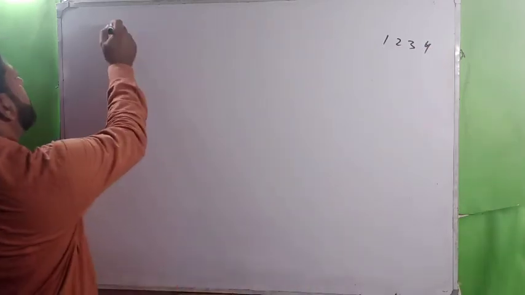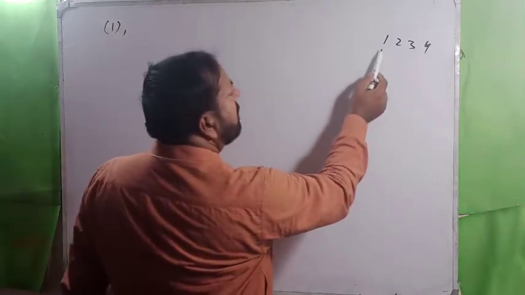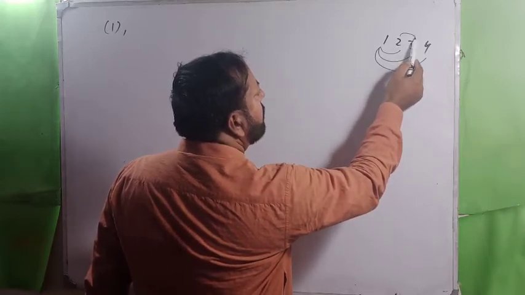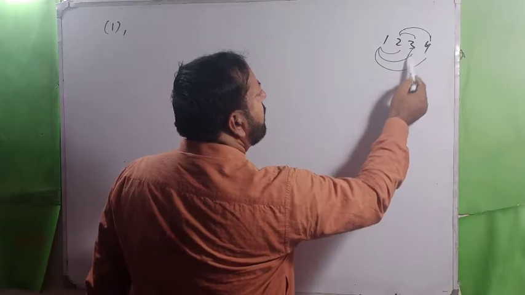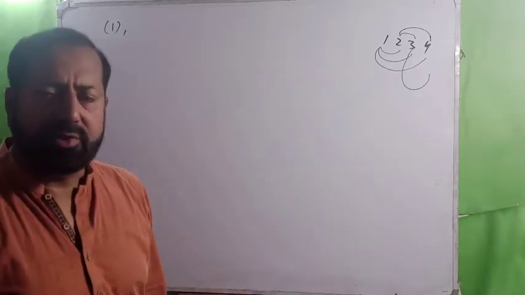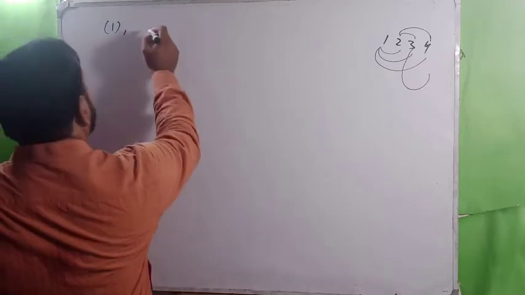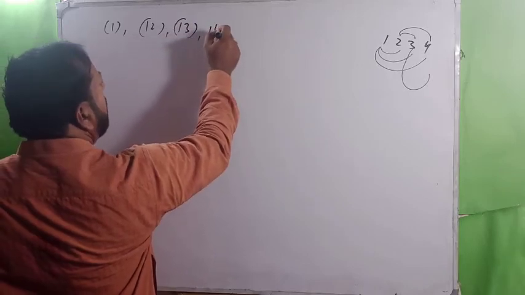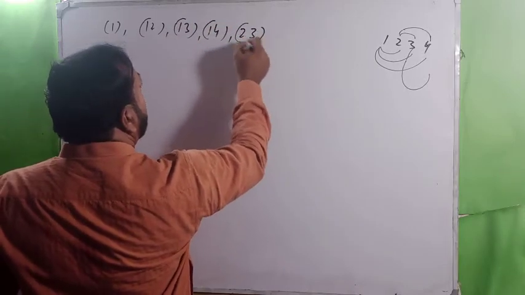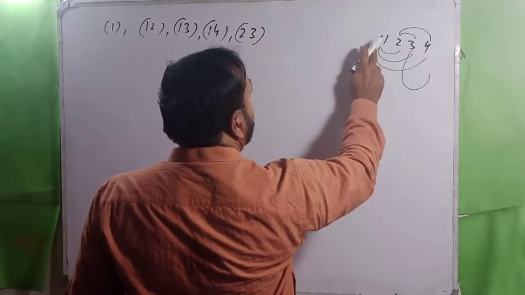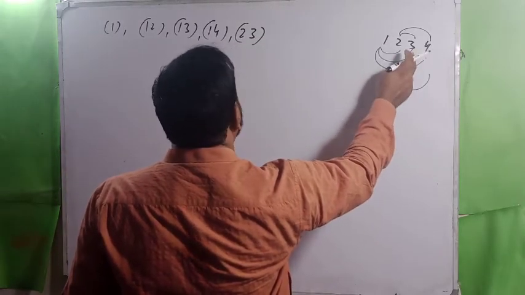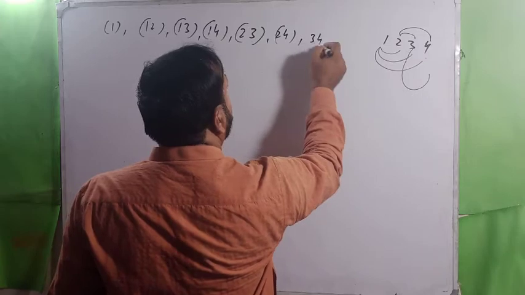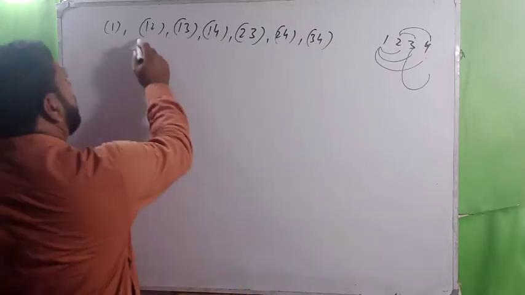First is the identity, then (1 2), (1 3), (1 4), then (2 3), (2 4), then (3 4). These are the transpositions, right?